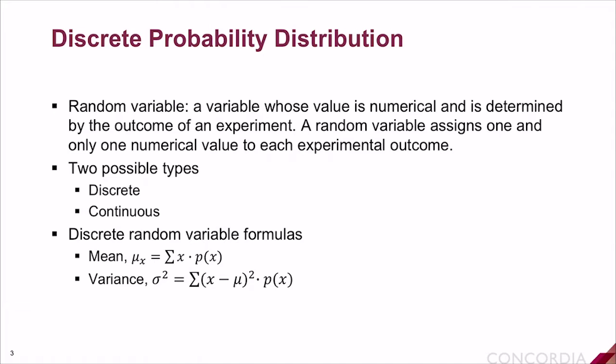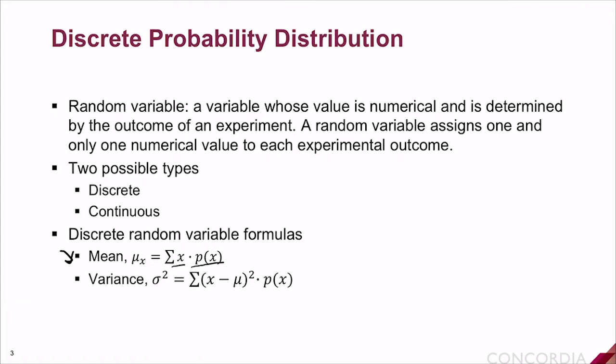The first one is our mean formula, which is right here. And it states that the average for a discrete random variable can be found by taking each variable, or each possible outcome, x, multiplied by its probability and adding them all together.